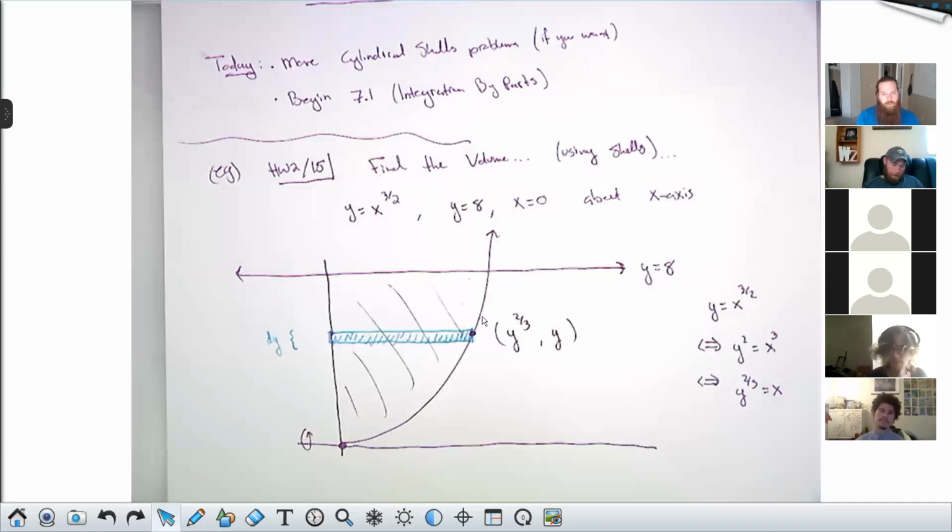Because I need everything here to be in terms of y, because this thickness is a dy thickness, which means my integral will be a dy integral.